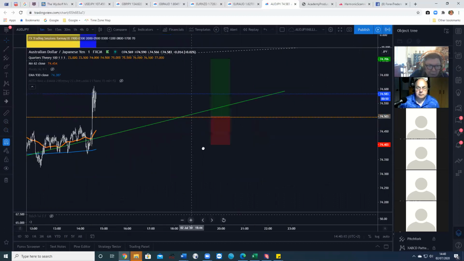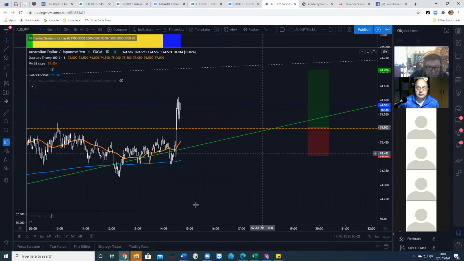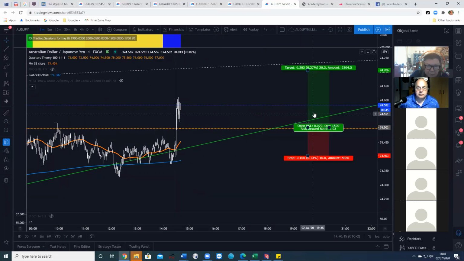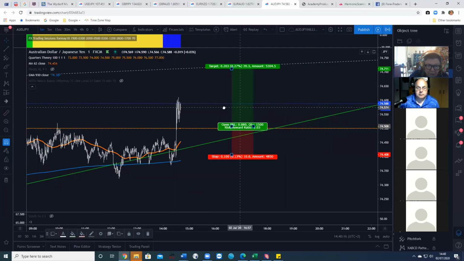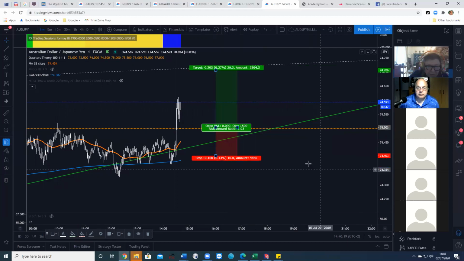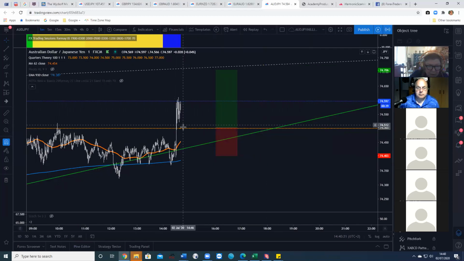You can just see what price is doing there. So if you wanted to wait till it comes back, and it's not coming back at the moment, I wouldn't get in myself unless it came back to retest and then go.